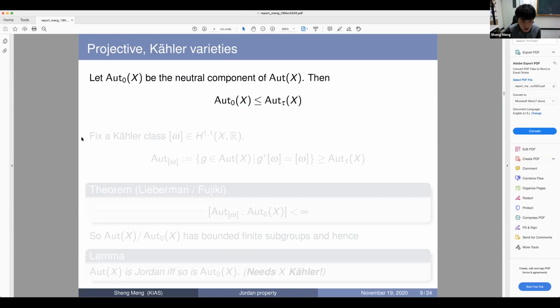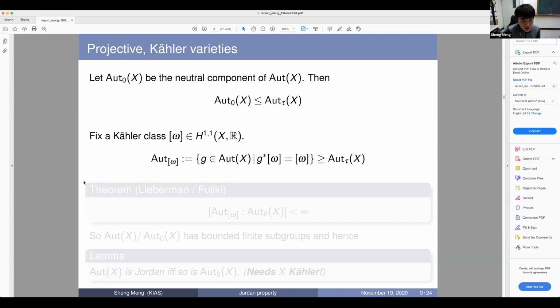Then we fix a Kähler class, since we are working on projective and Kähler manifolds, and denote by Aut_omega the subgroup preserving the class. By definition, we see that it contains Aut_tor(X). Here we use the embedding of H^{1,1} into H^2(X,R).